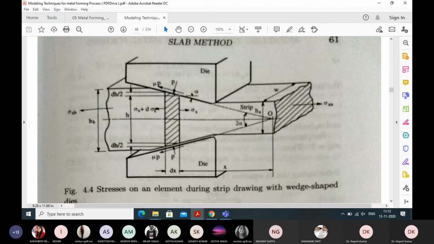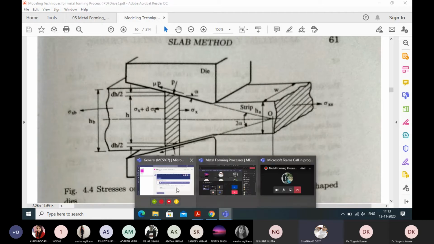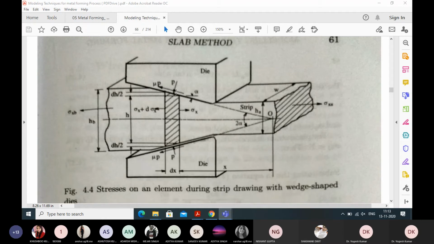Since this is dx and this angle is alpha, the length of this portion will be dx upon cos alpha. Sasank, is it clear now how this length will be calculated?